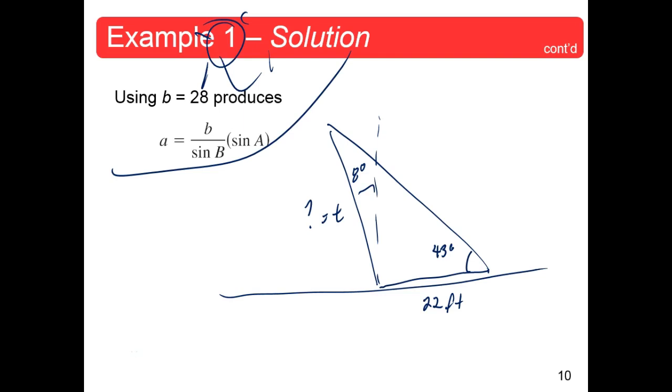Now, can you do this problem? Anybody? I already mentioned we're making an assumption here that the ground is horizontal and the vertical is vertical, so that makes that 90 degrees.